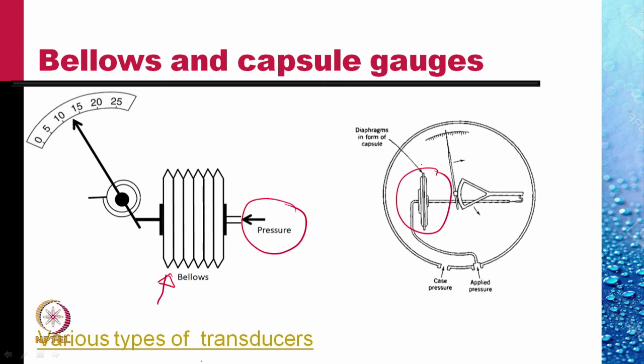There is a case pressure, the atmospheric pressure in most cases, which is applied here, and then the pressure that we want to measure is applied there. Because of this difference in pressure, the capsule inflates or deflates, resulting in a motion that is converted into the motion of a pointer on a scale.